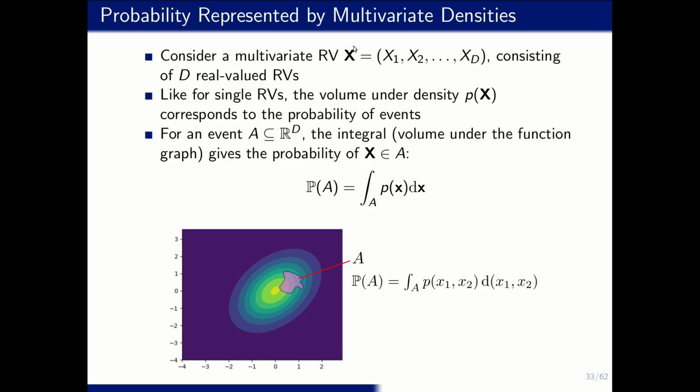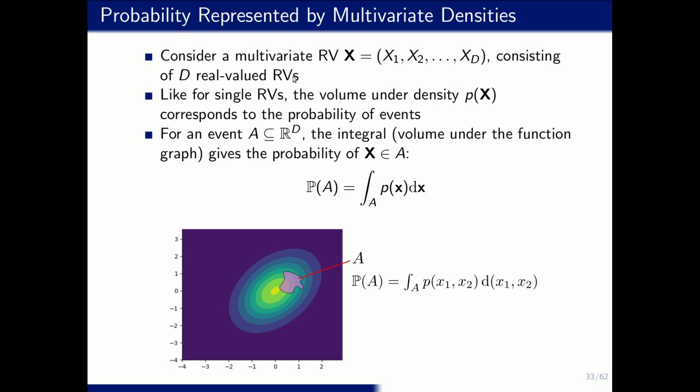We denote it with boldface letters to indicate that these are many. Say we have d random variables. So we have d single-dimensional random variables, and we collect them in a vector. Our multivariate random variable has d dimensions, and each dimension is just a real valued random variable.